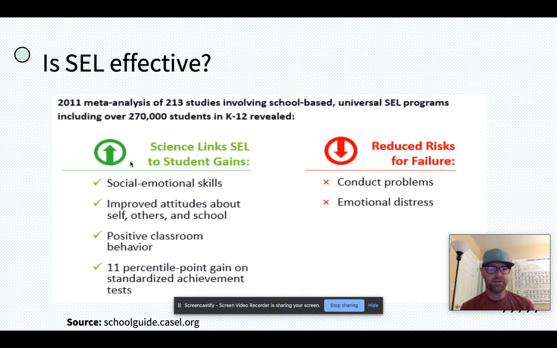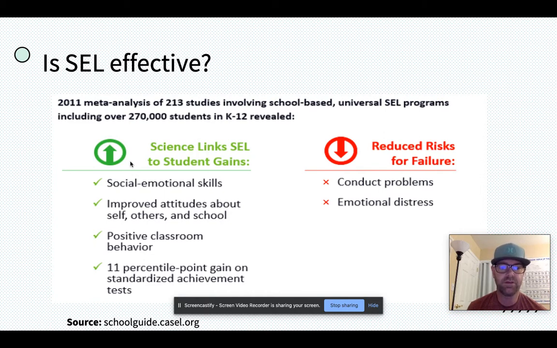So is SEL effective? Well, a 2011 meta-analysis of 213 studies involving school-based universal SEL programs, including over 270,000 students in K-12, revealed quite staggering results. Science links SEL to student gains.